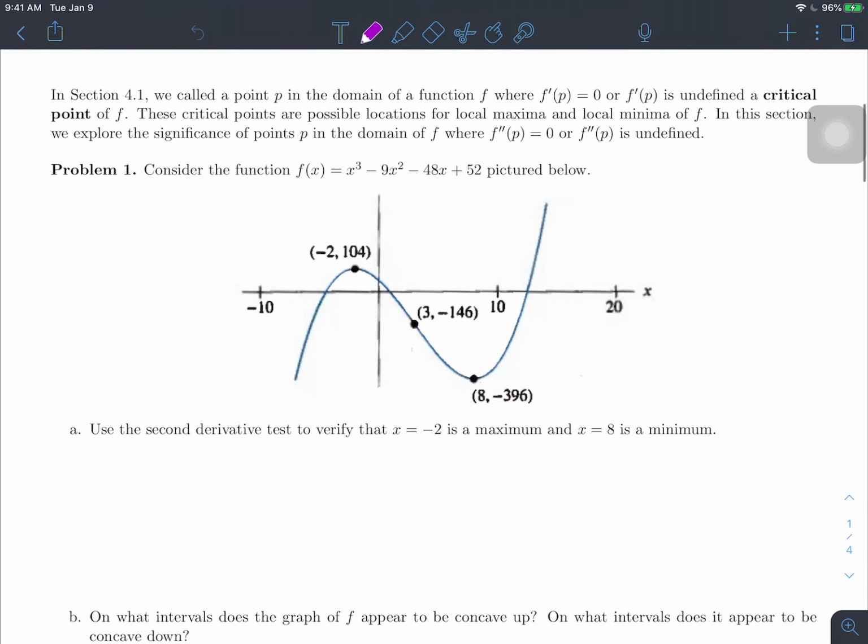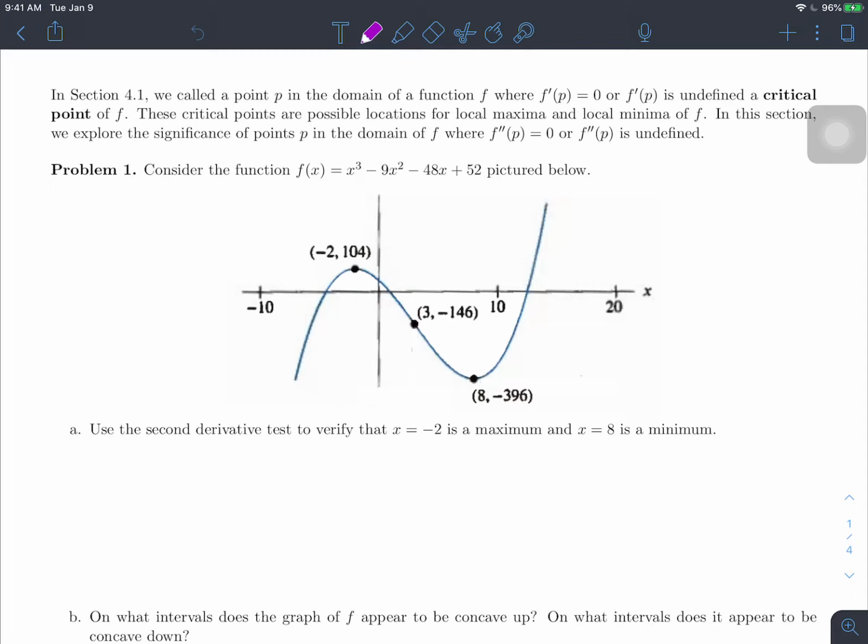So, we've already actually talked a little bit about what this means. Does anybody remember the word that we had for when our function changes concavity? Kevin, you remember it? An inflection point?